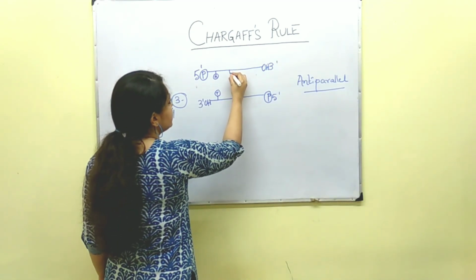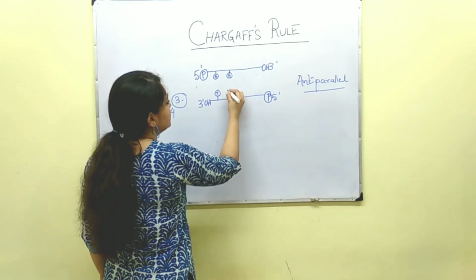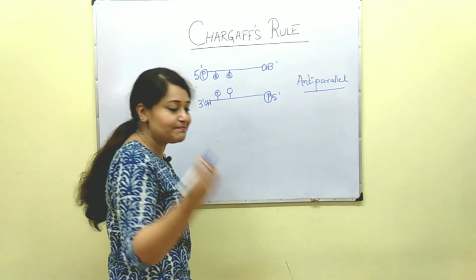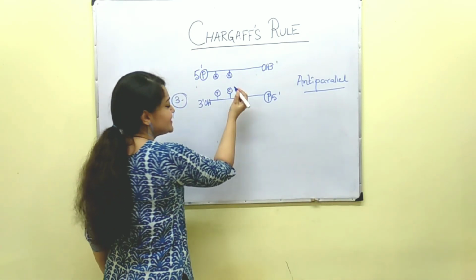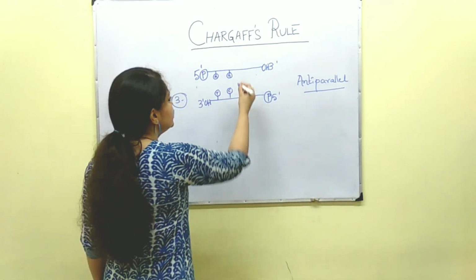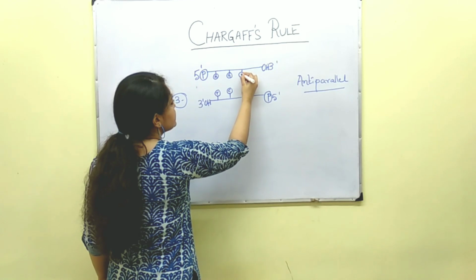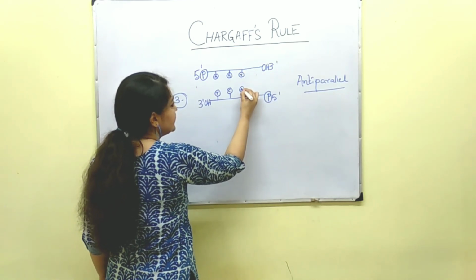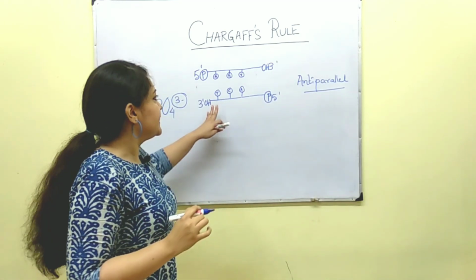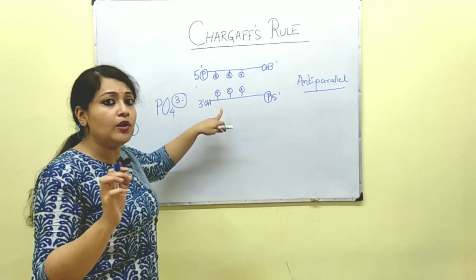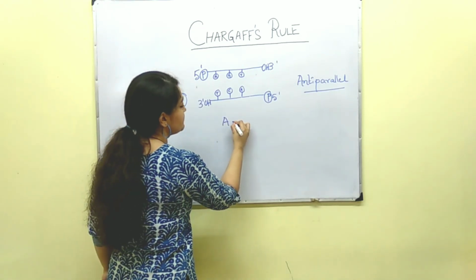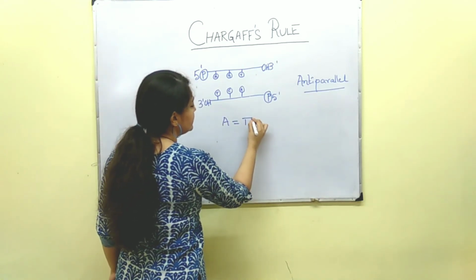If this contains guanine, then the anti-parallel strand will contain cytosine. If this contains thymine, then it will obviously contain adenine, and so on. That means adenine always pairs with thymine.